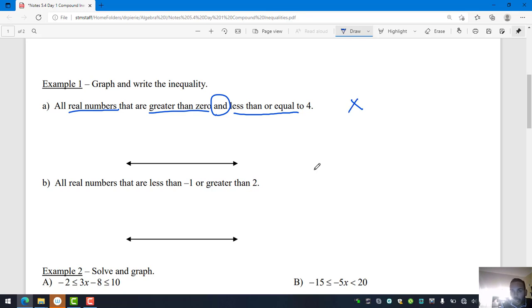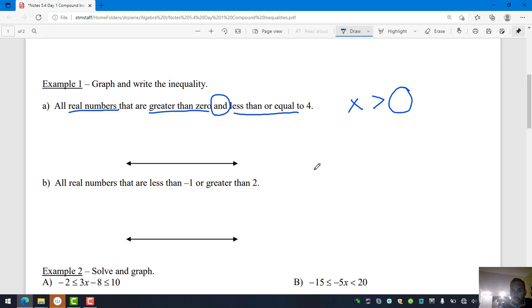The first thing we see here is x has to be greater than 0. Okay, how do we write that? Greater than, the alligator is going to eat the x, and 0 is next to it. X is greater than 0. Okay, that's the first condition. The second thing it says is also x has to be less than or equal to 4.